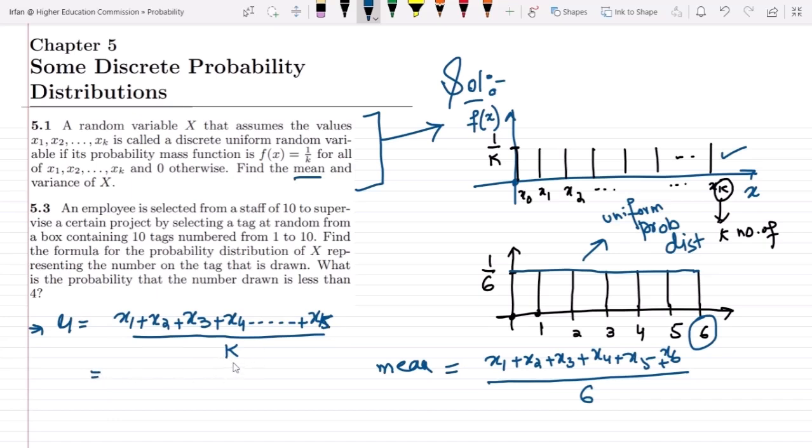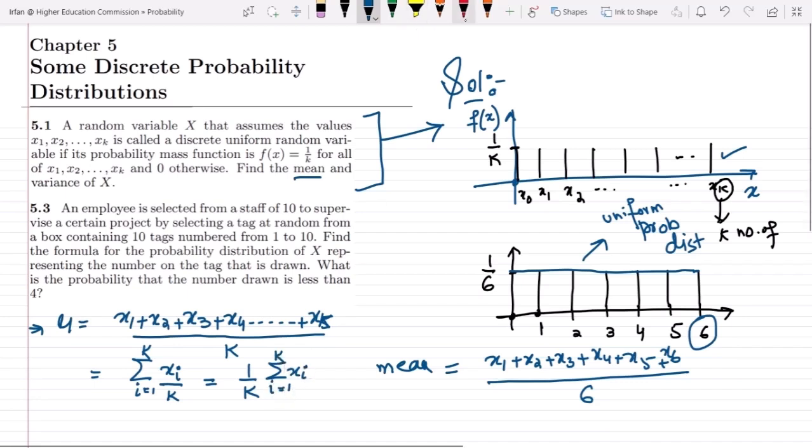Or we can also write it as the sum from i equal to 1 up to k of x of i divided by k, or 1 by k outside of it, and then I have to add these items together from 1 to k. So this is basically the mean of the random variable which we have.